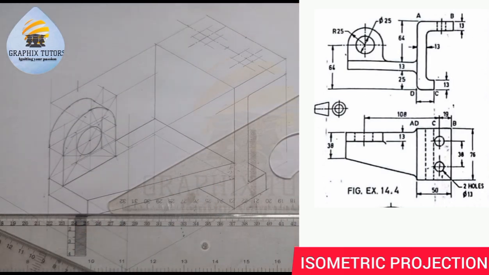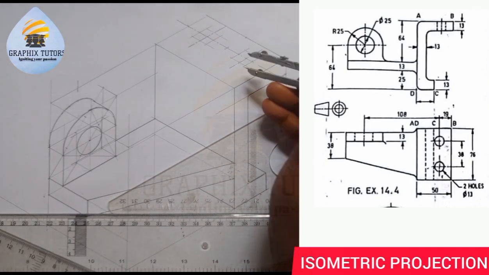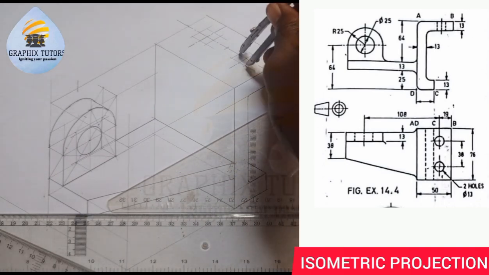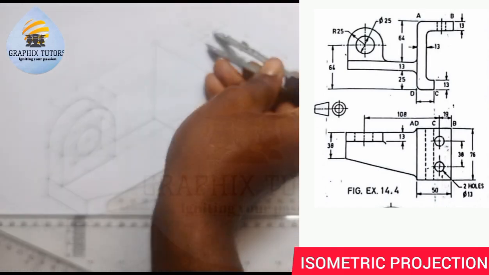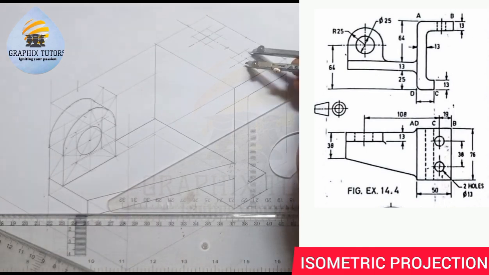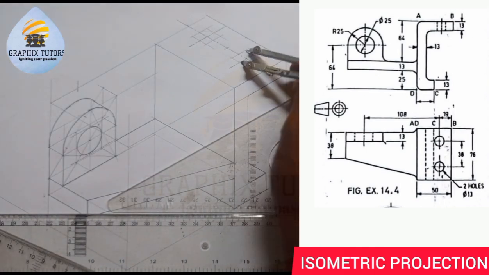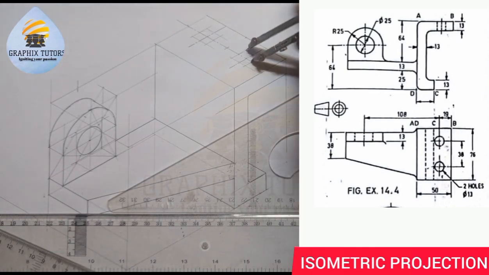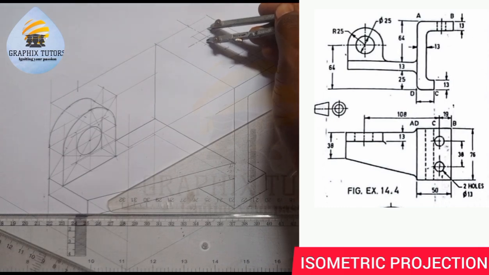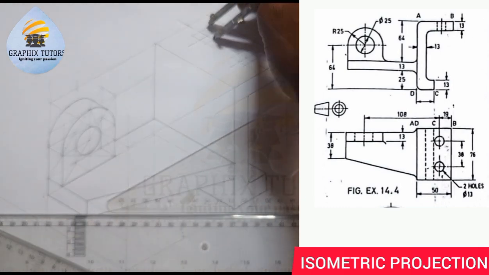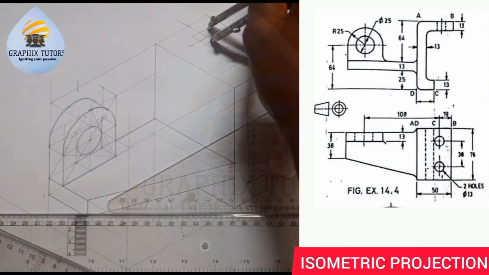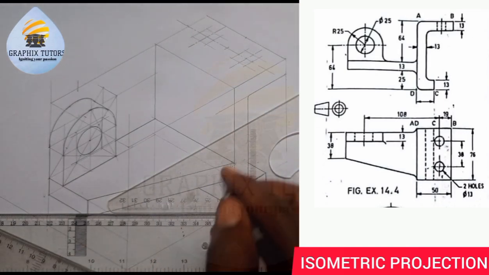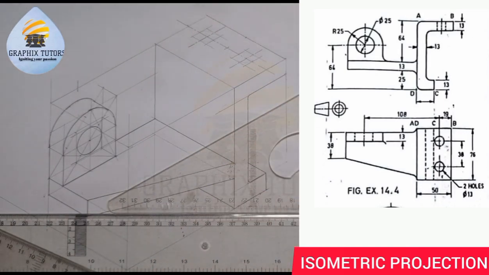It is very small. From here to this end, you're having this. From here to this end, you're having this. Here also, you're having this. So it's so small, so I'll just stick it out.